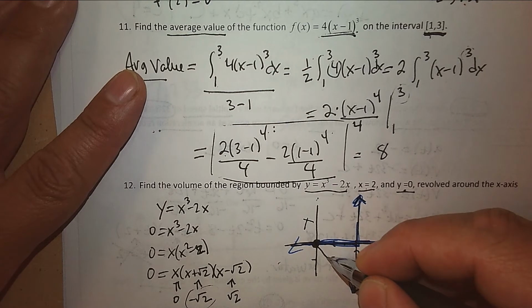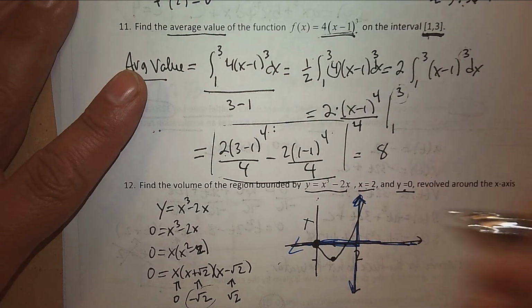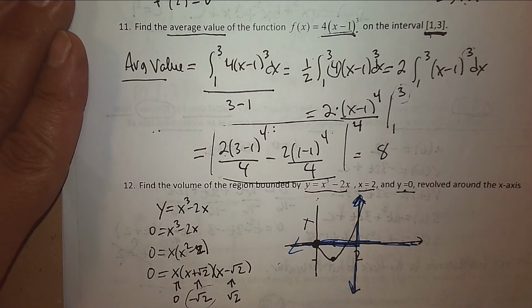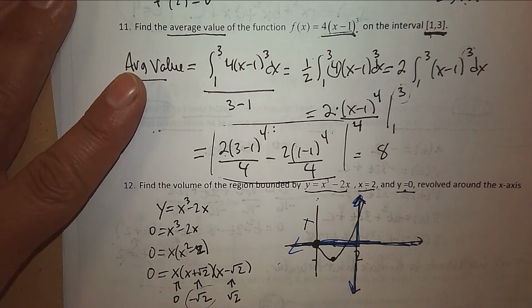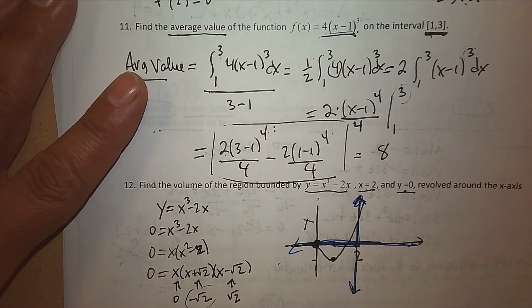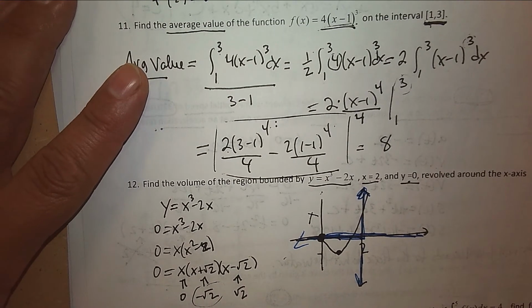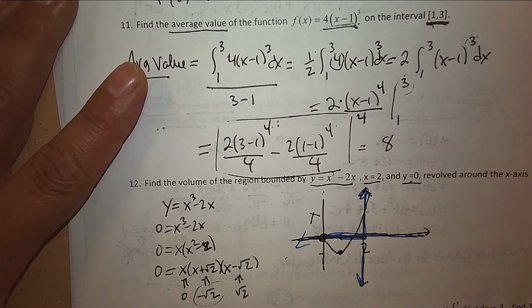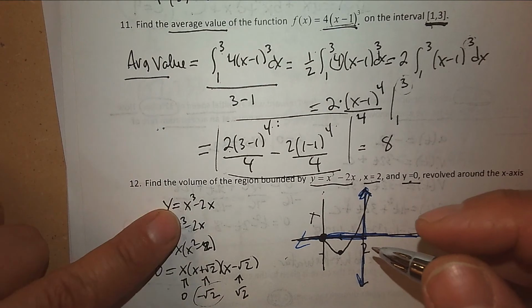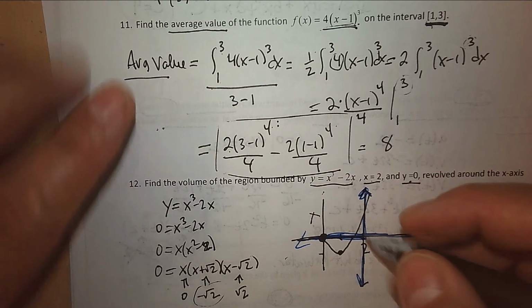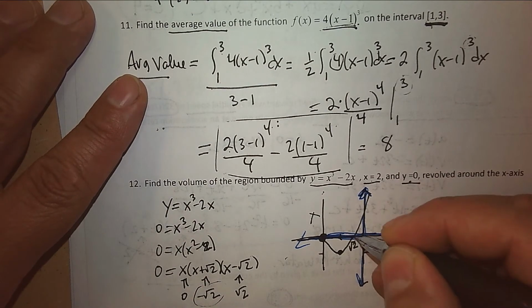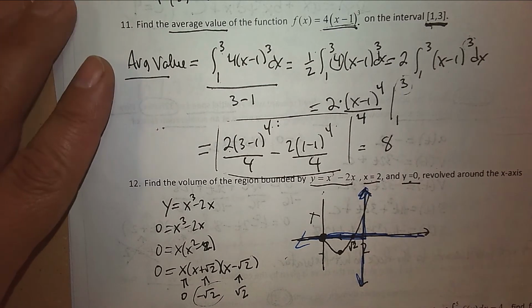But you can get a sense of what it looks like there. Right there, root 2 is where it crosses.